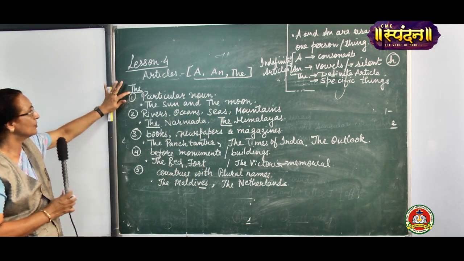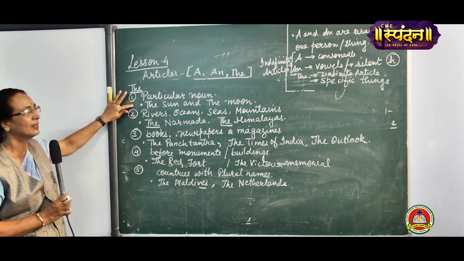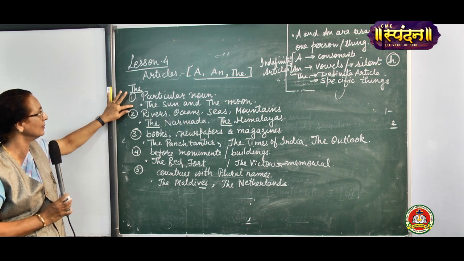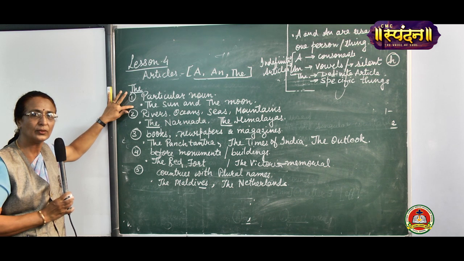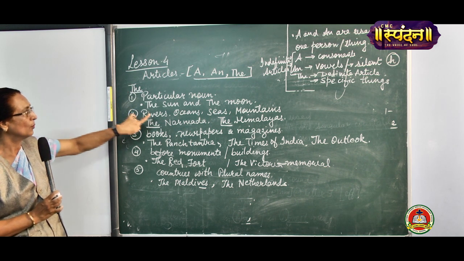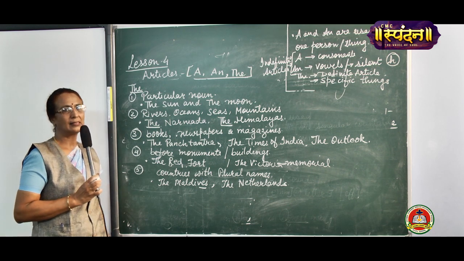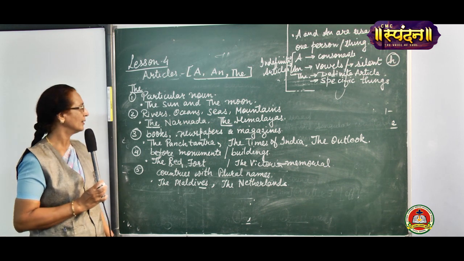So, the is used before particular nouns, specific nouns. That is why it is called a definite article. The sun, the moon, the earth, the universe. It is used before rivers, oceans, seas and mountains: the Narmada, the Himalayas.